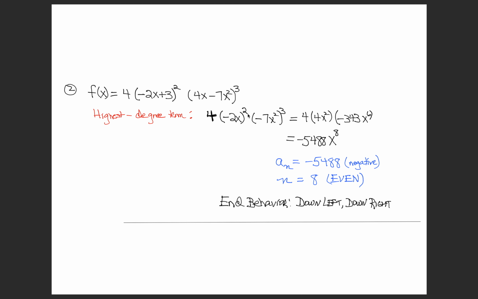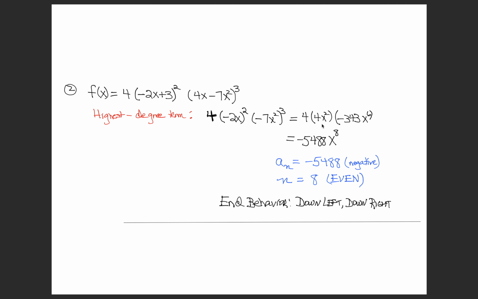Now for the difference between 4x and 7x squared, notice inside the parentheses, negative 7x squared is the higher order term. And in developing the highest degree term, we have negative 7x squared, and not only that, but the cube of this. So we got 4, the square of negative 2x becomes 4x squared. And for the cube of negative 7x squared, that's going to be negative 343x to the 6th.